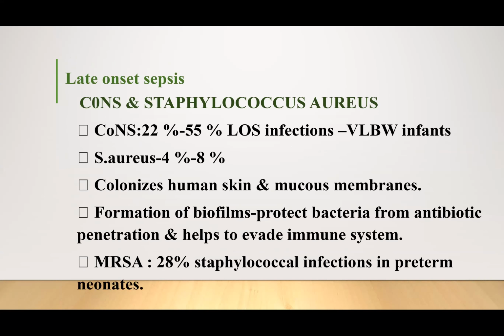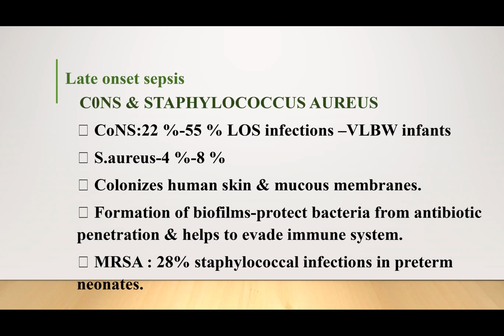For late onset sepsis, as I told you, the most common organisms are coagulase-negative staph and other staph. You can find it especially in very low birth weight infants. Staph is found on human skin, of nurses, doctors, and families, and in the mucous membranes, like the nose.